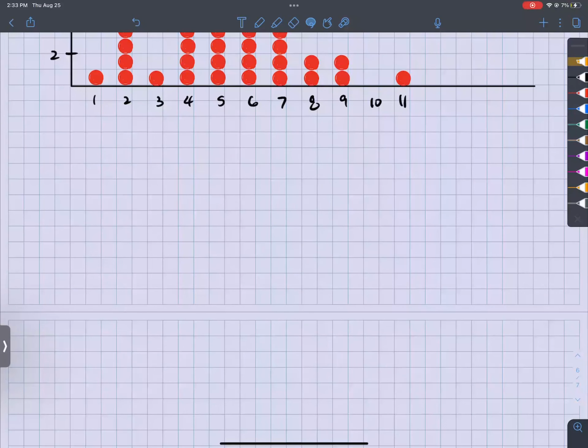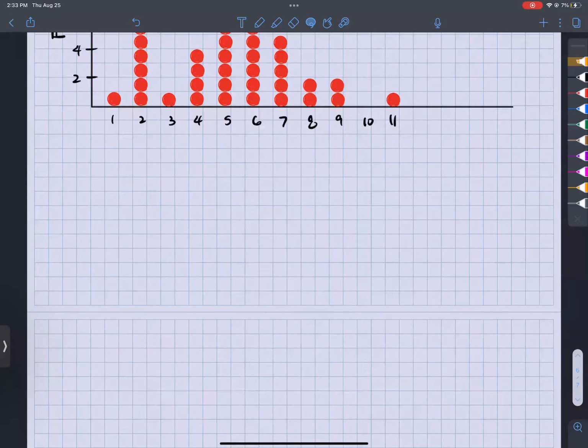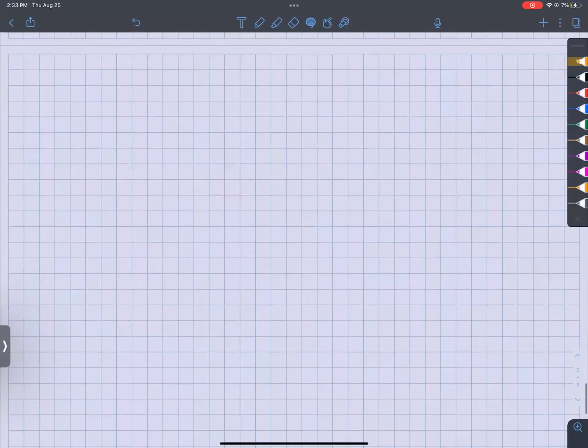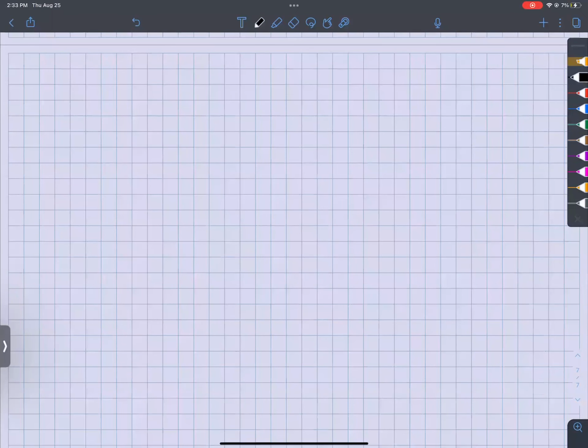All right, so when you do histograms, and mostly histograms, a couple of things are going to happen. Because a histogram is just a graph.